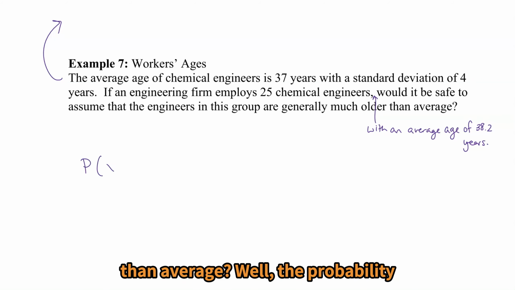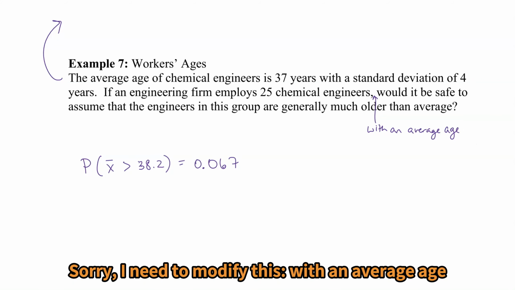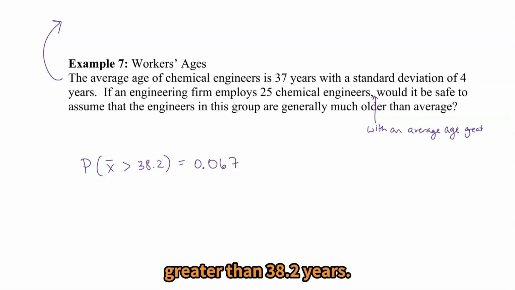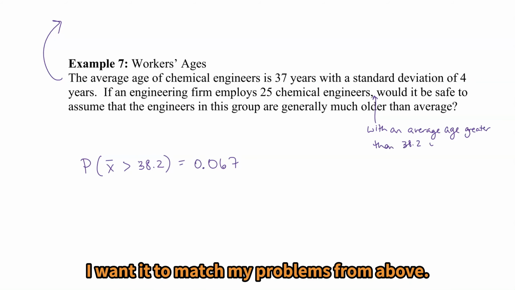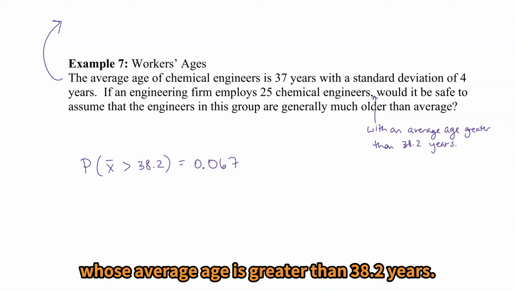Well, the probability that we have an average greater than 38.2 was 6.7%. Sorry, I need to modify this. With an average age greater than 38.2 years. I want it to match my problem from above. So the engineering firm is employing 25 chemical engineers whose average age is greater than 38.2 years.